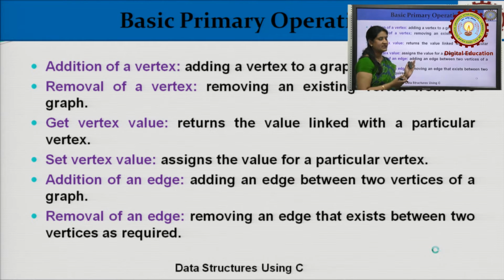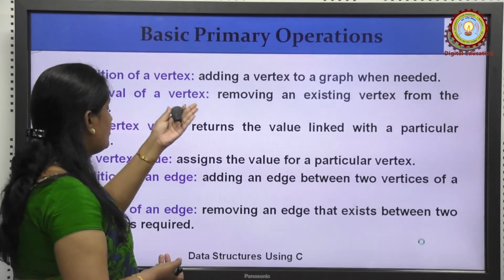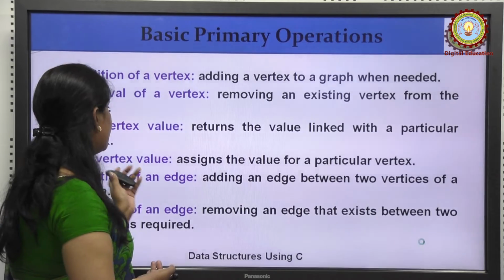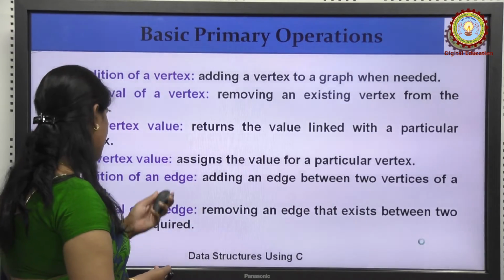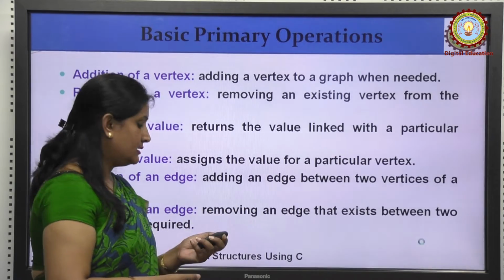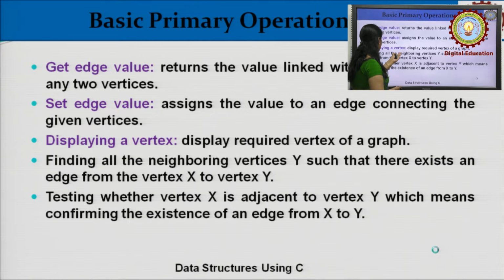It is also known as graph ADTs, that is abstract data types, like addition of a vertex, removal of a vertex, get vertex value, set vertex value, addition of an edge, removal of an edge. Next, get edge value, set edge value, displaying a vertex, finding all the neighboring vertices y such that there exists an edge from vertex x to vertex y, and testing whether vertex x is adjacent to y, which means confirming the existence of an edge.